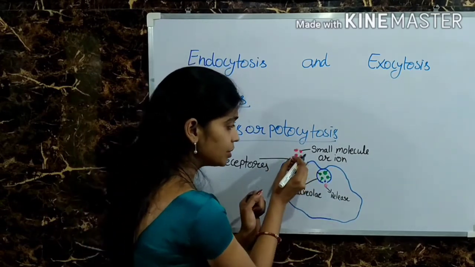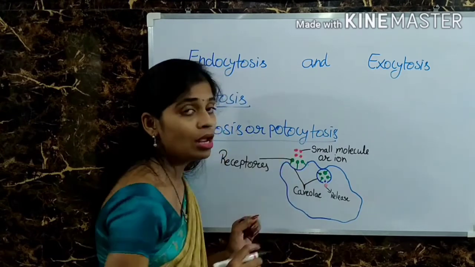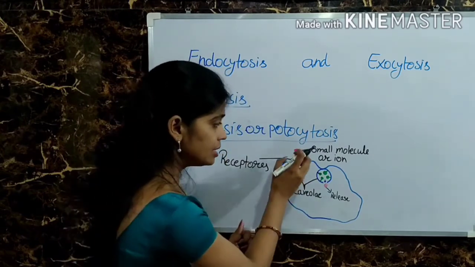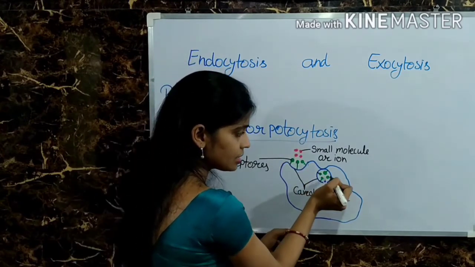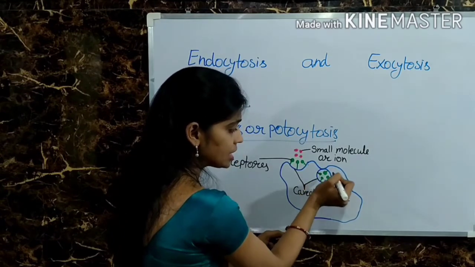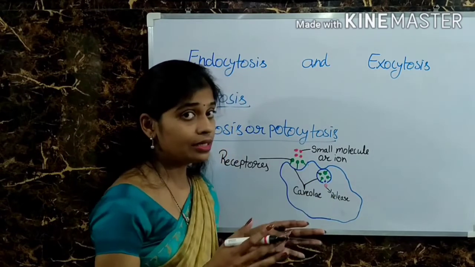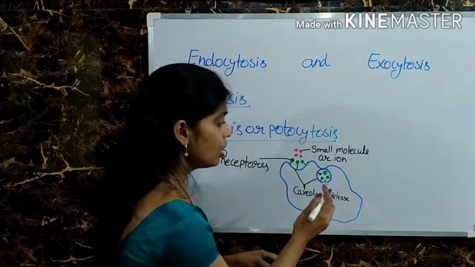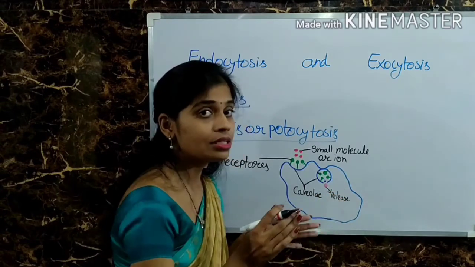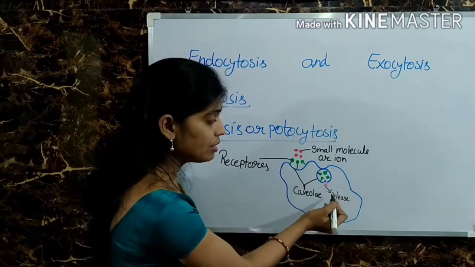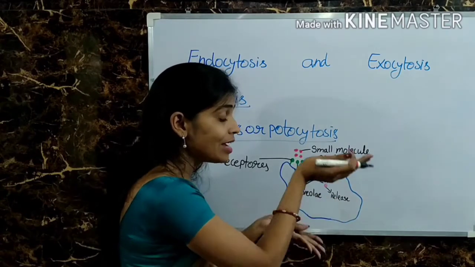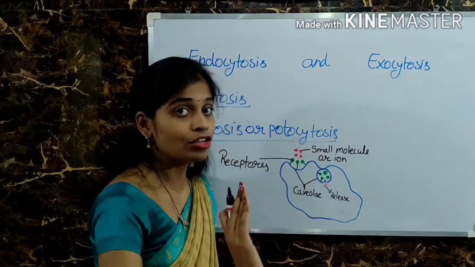The receptors take the small molecules or small ions inside the cell, and inside the cell they form this caveola, and then they release the molecules in the cell, or they translocate them. There is a translocation process.